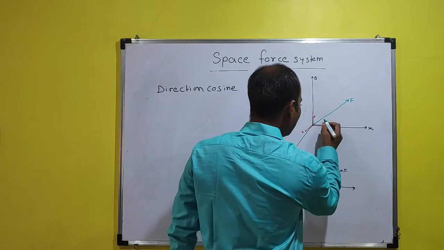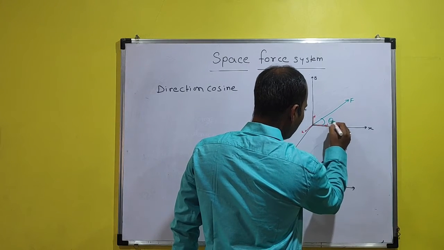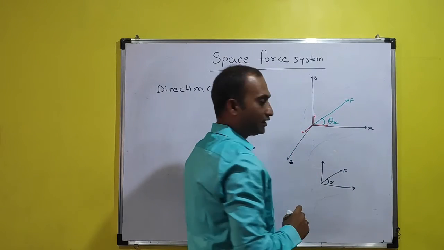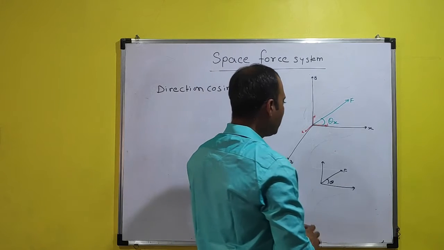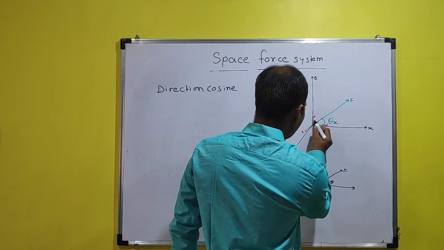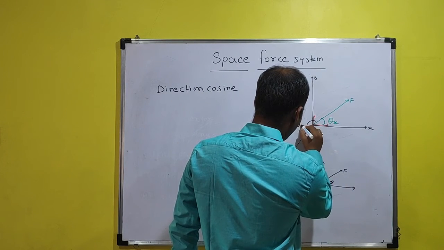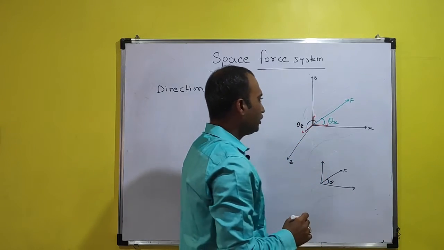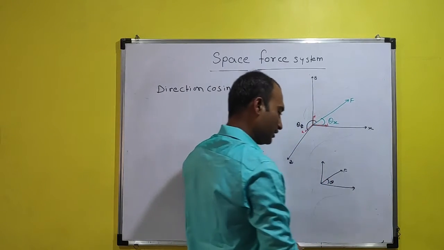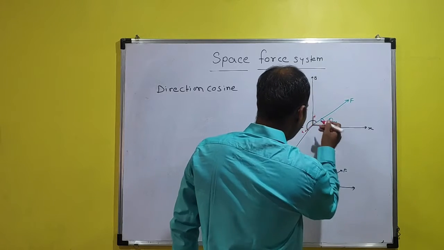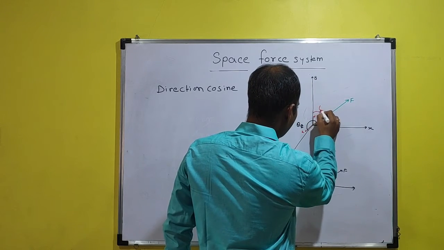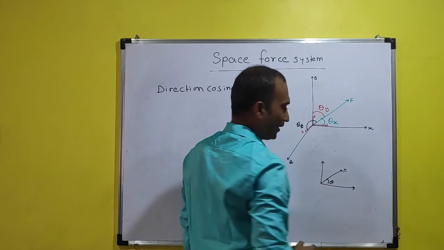Consider here the angle with the x axis, that is theta x. Then with the z axis, consider this as theta z, and with respect to the y axis the angle is theta y.